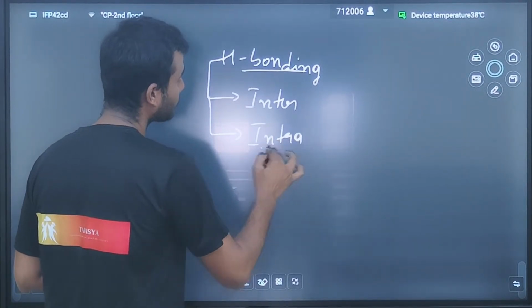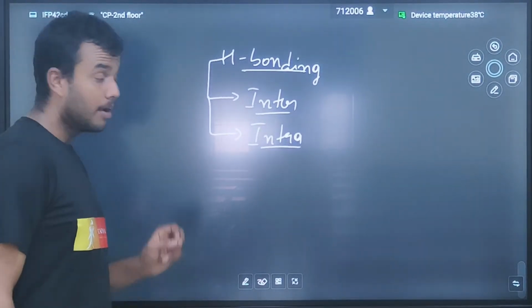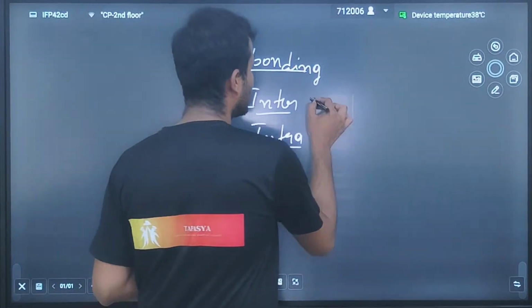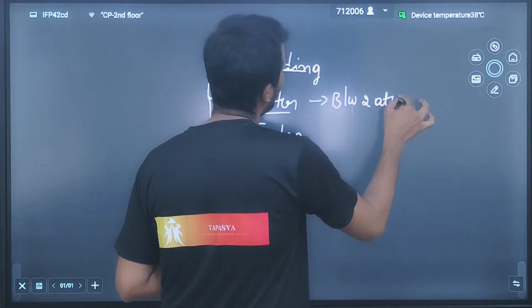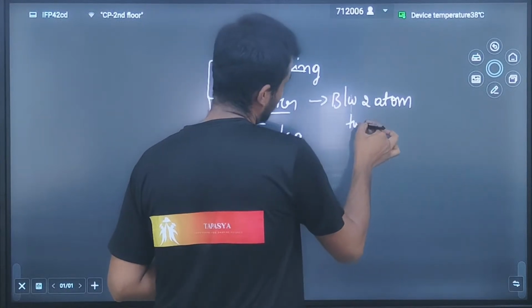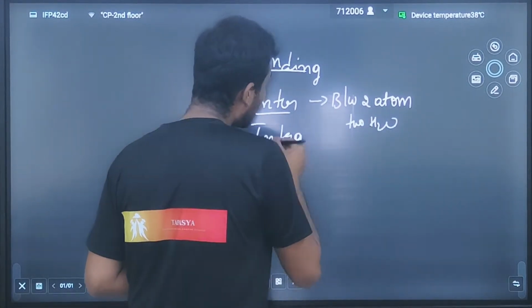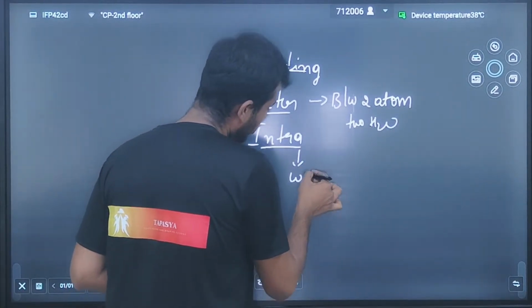What is inter? Inter means between two molecules. For example, between two water molecules, it is inter. Intra means within a molecule.